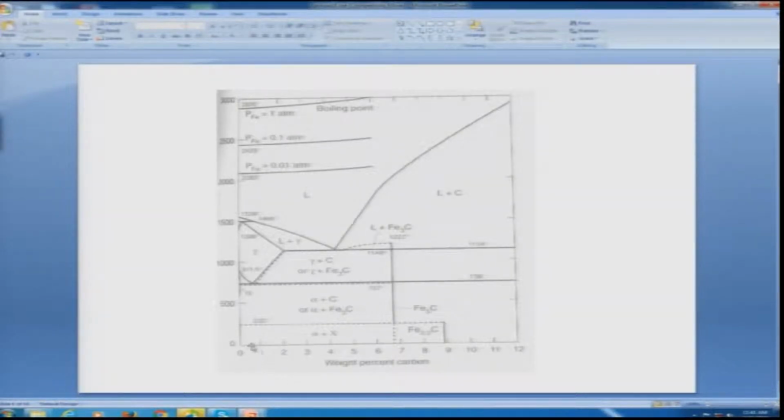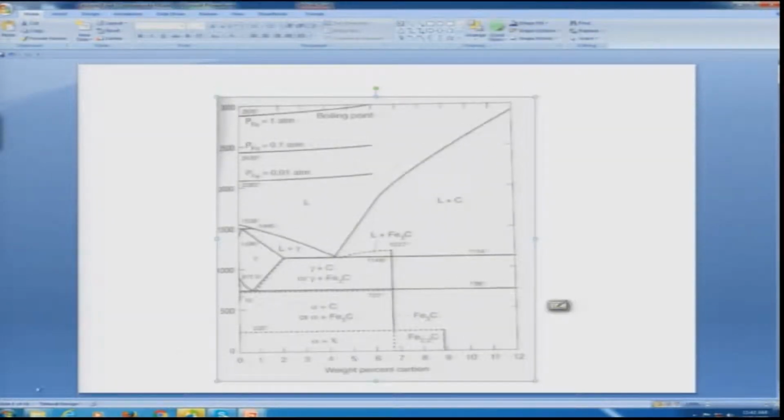What you see here is equilibrium between two phases: alpha iron, which is nothing but a solid solution of carbon in BCC iron, and another phase, Fe3C, popularly known as cementite, which is basically a carbide. And you see here the gamma, which is another solution of carbon in FCC iron, undergoes a transformation at this temperature.